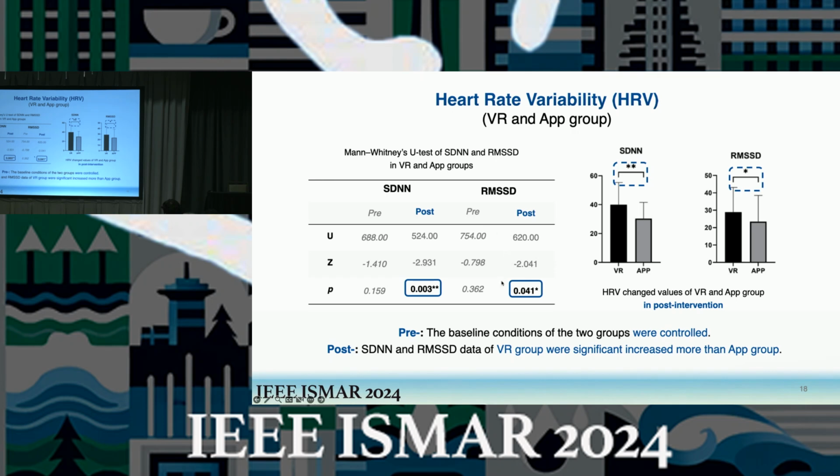While comparing the post-intervention conditions, the VR group showed a more positive effect than the app group: both the SDNN and RMSSD were significantly higher than the app group, which can imply that they reduce stress level and increase relaxation through our VR intervention.